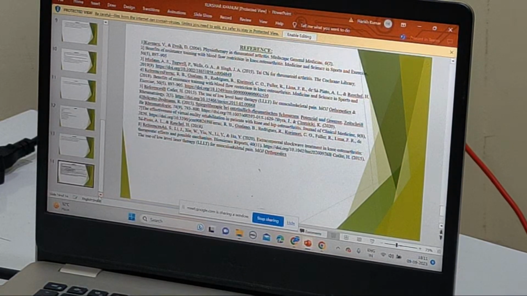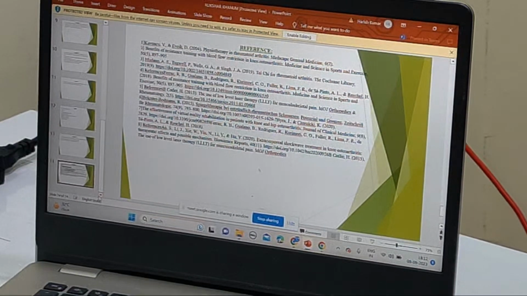If they have tightness or weak strength, it will unknowingly cause knee and other problems. And if they are overweight, that also will cause it. So being physically active and educating them about these conditions will also help.